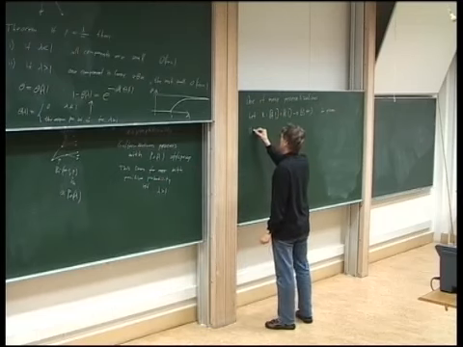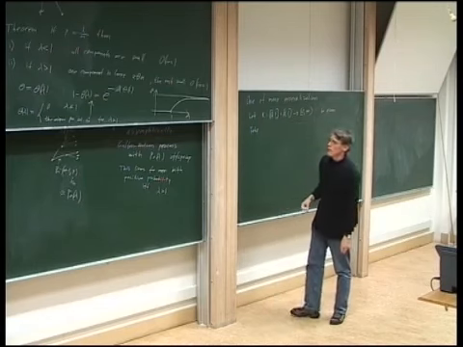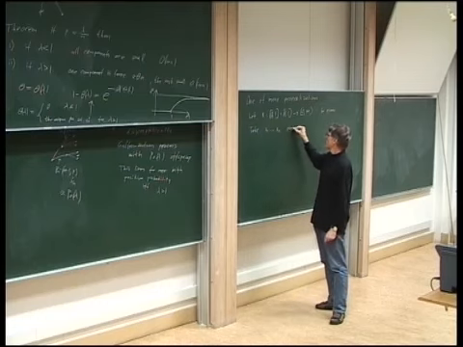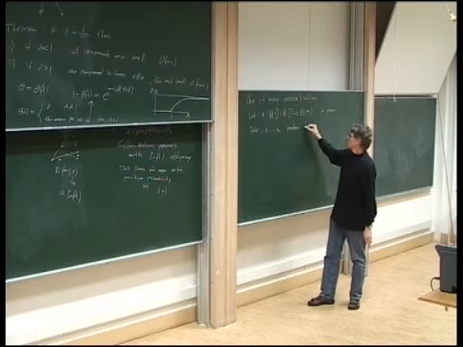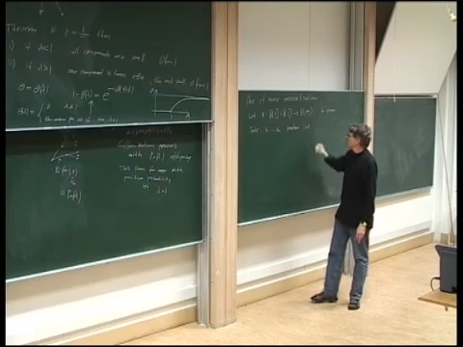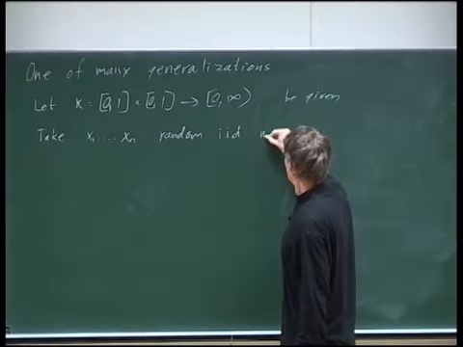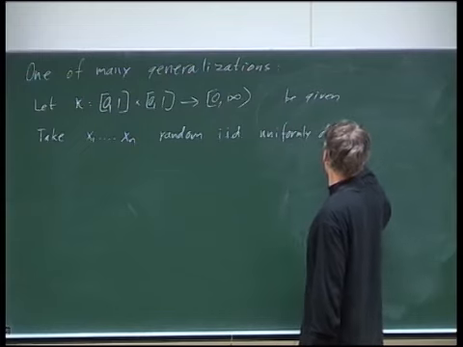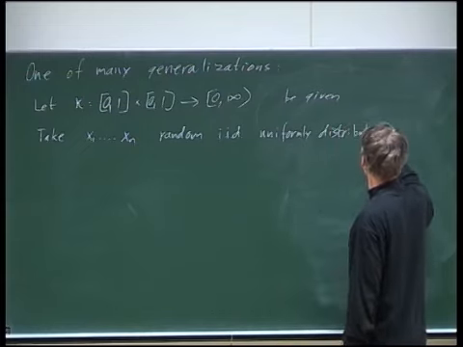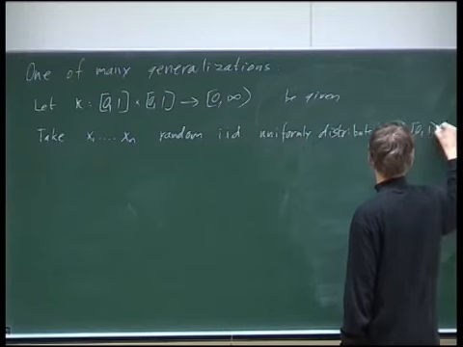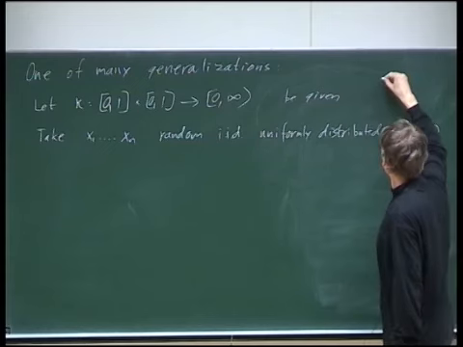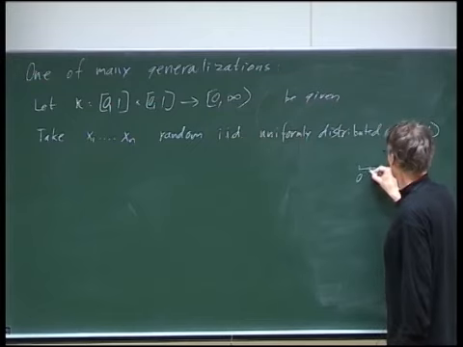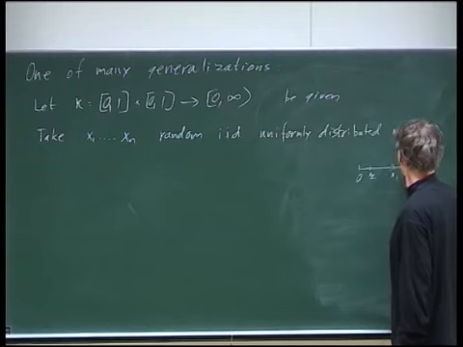And now take points, say x1 up to xn, which are random, IID, independent and identically distributed, uniformly distributed, by the way, on 0,1. So just pick n numbers on 0,1 here: x1, x2, x3.